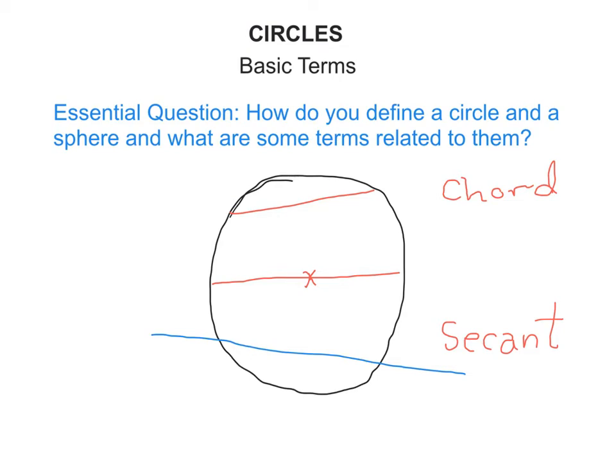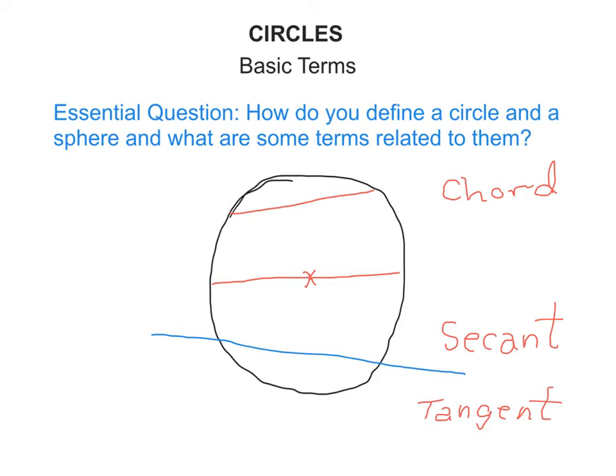Now, our last definition of these types of lines is a tangent. Again, not to be confused with a trig function called a tangent. This is something totally different. A tangent is a line in the plane of a circle that intersects the circle in exactly one point.